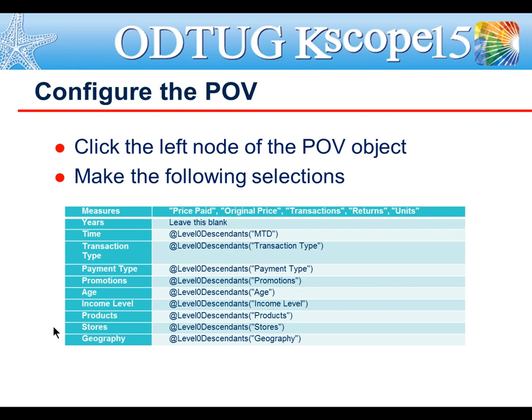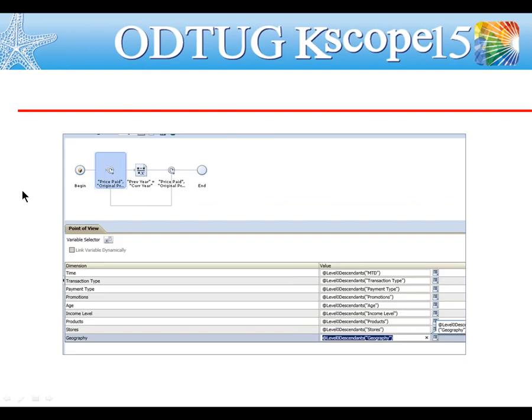So we've all been trained to leave a lot of things out, to underspecify. It's exactly the opposite in these stored calcs in ASO. And that's the thing that took me a long time to get, because you have to go through every one of the dimensions and set up. In this case, I've just done a level 0 descendants on every one of the dimensions except for years.